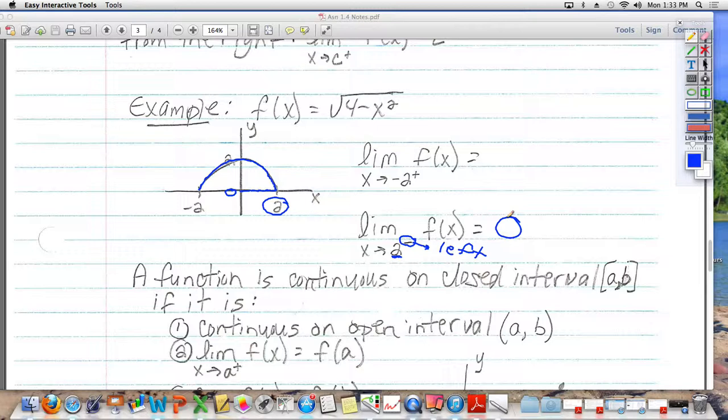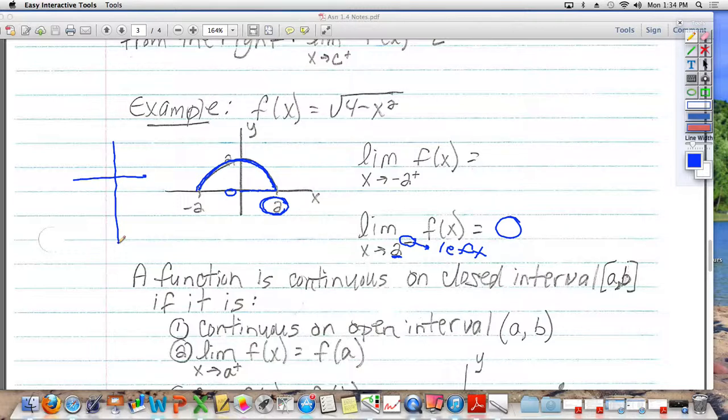That's it. So let's say that you have your calculator in front of you, and I ask you to find the limit as x approaches 2 from the left, looking at this graph. You remember how you can set up your table to start at a certain value and count by 0.0001.